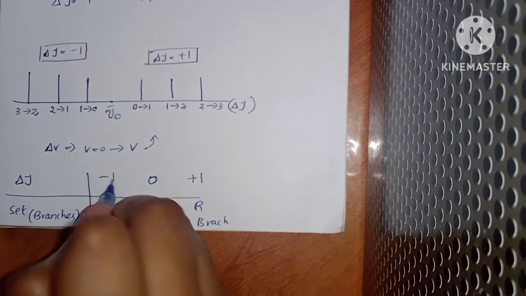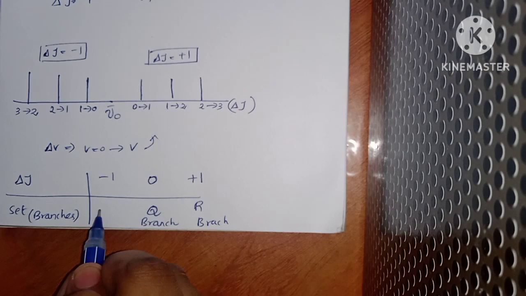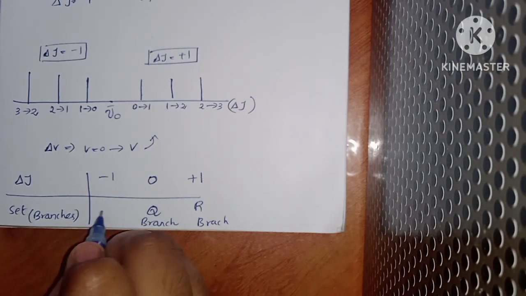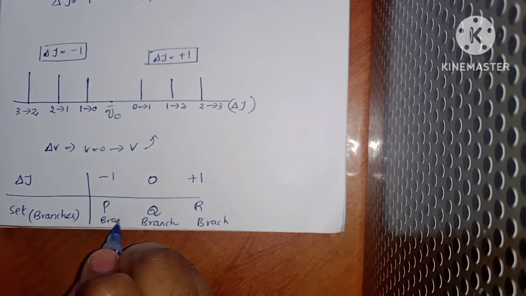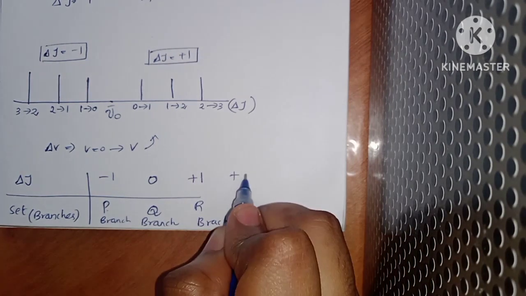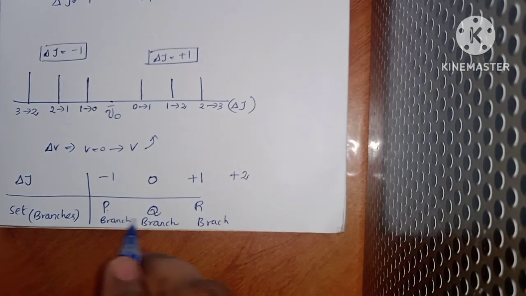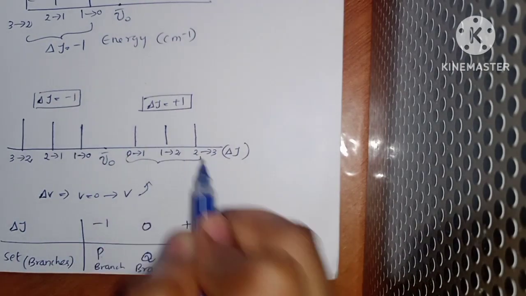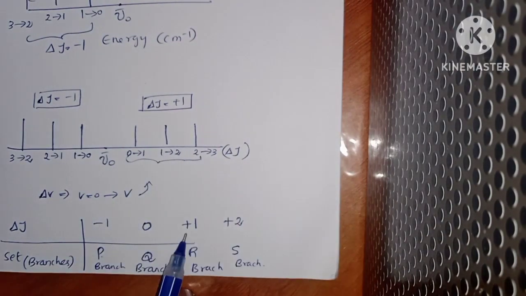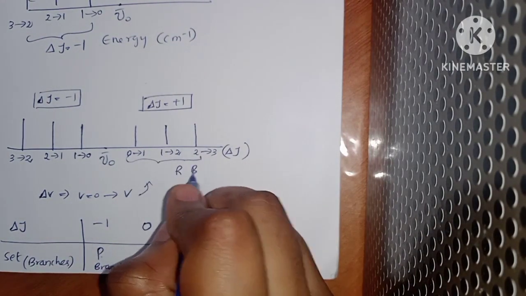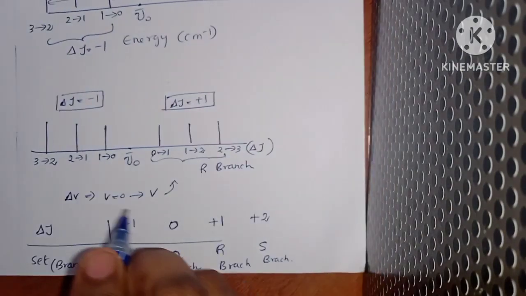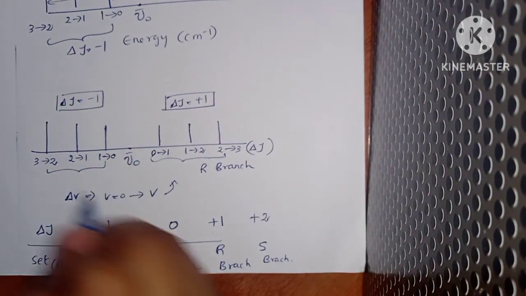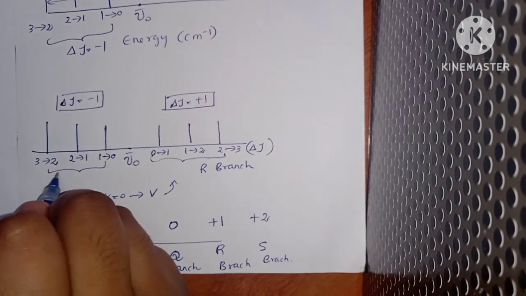So now you can guess if delta J is equal to minus 1, that set will be P branch because it's in the order PQR. If there is any plus 2, it will be S branch, just like alphabetic order. So this whole set can be termed as delta J plus 1, that is R branch. And this whole set can be termed as delta J minus 1, that is P branch.